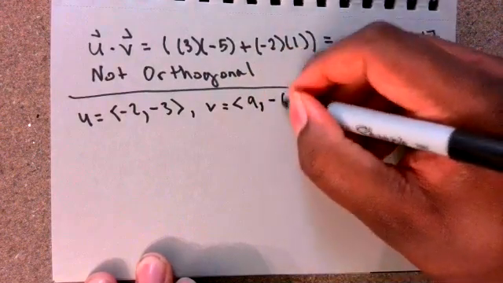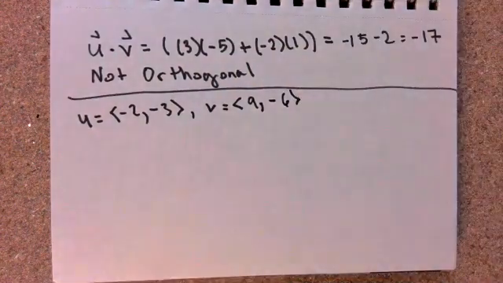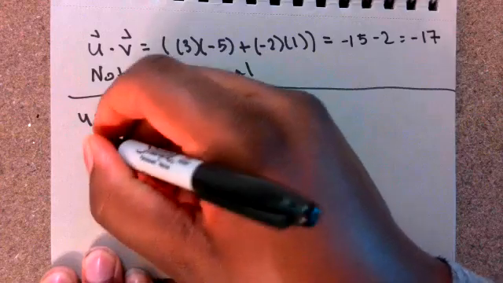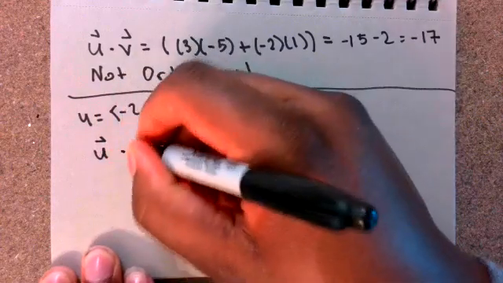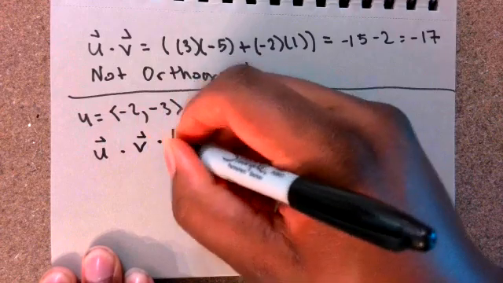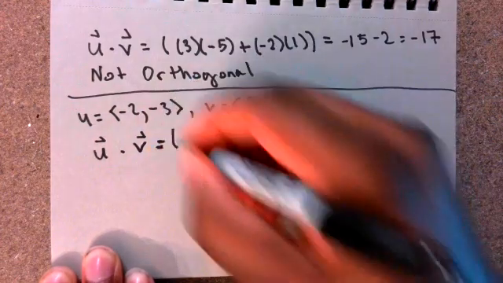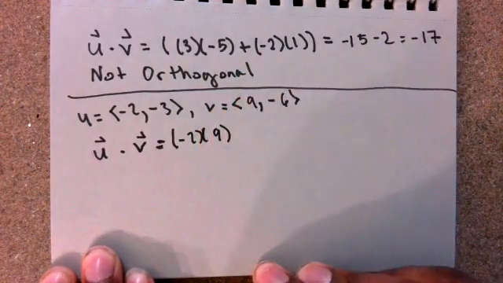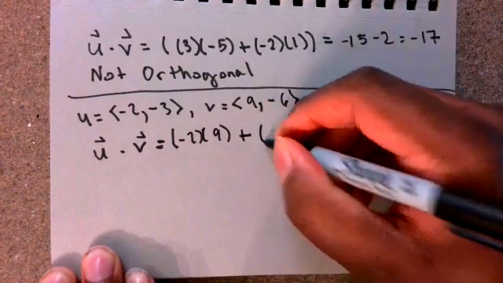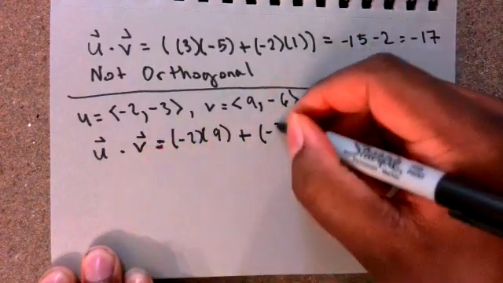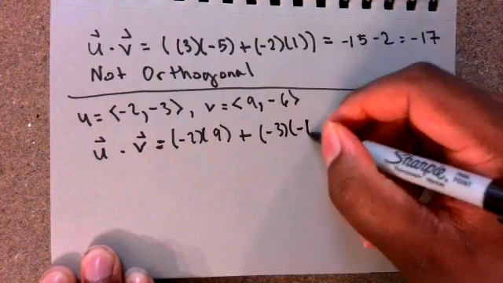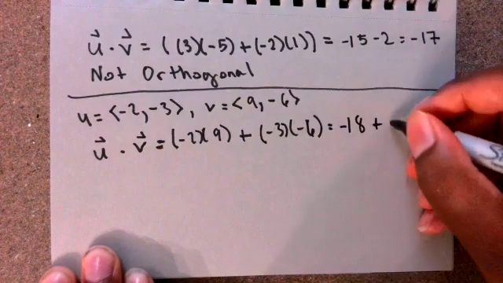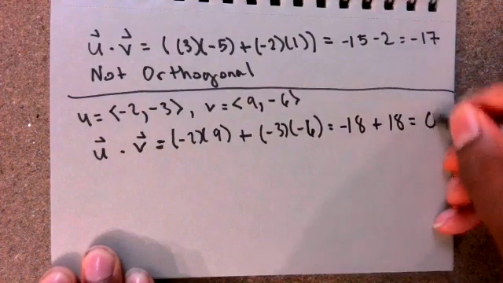All right, so if we go through the same thing, vector u dotted with vector v is going to be -2 times 9, right, plus -3 times -6, which ends up being -18 plus 18, which equals 0.